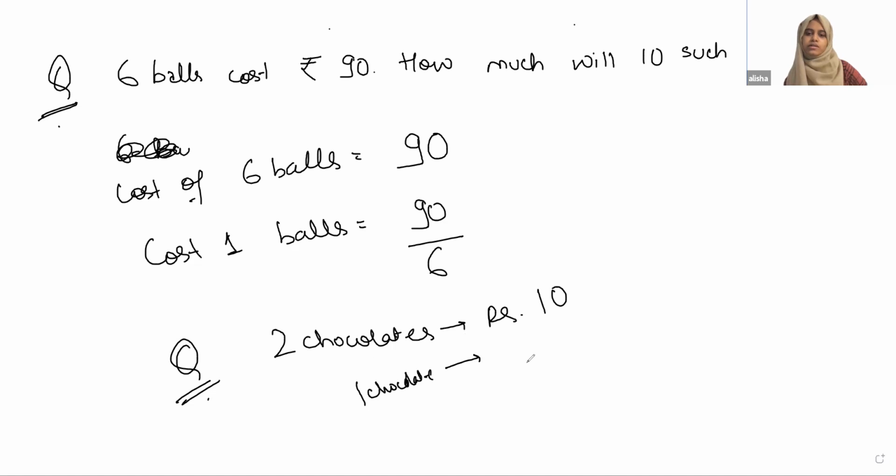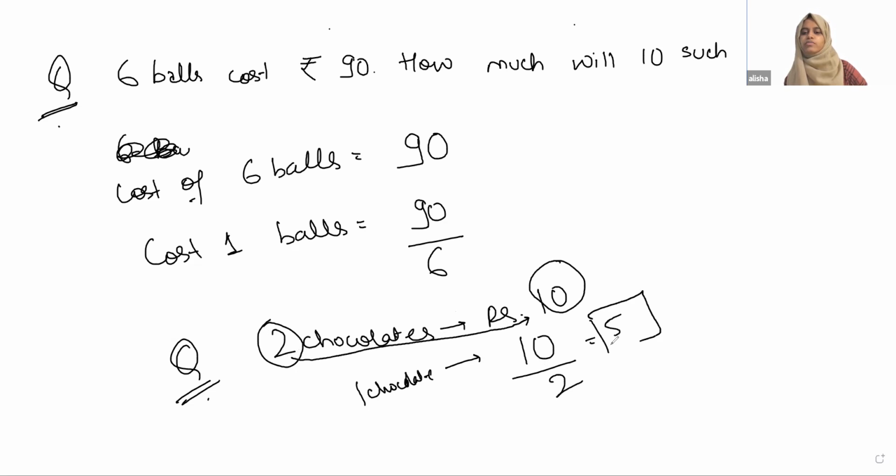Right, what have you done? 10 was the cost of 2 chocolates, but we want one chocolate. So what we have done? We have divided this portion with the same number, or we will take this to your RHS, the cost is by 2. The cost is what? 5 rupees. Is it fine, Aisha?